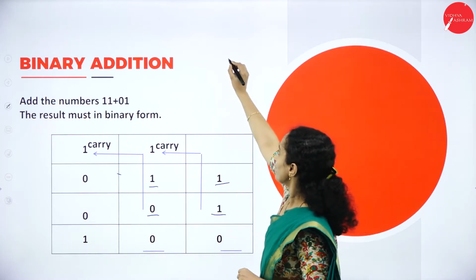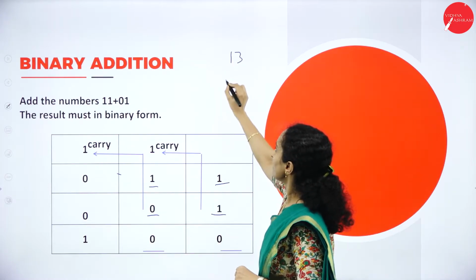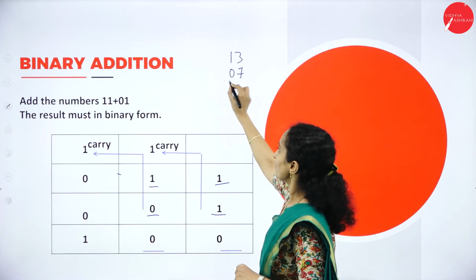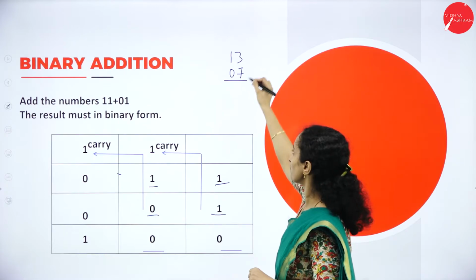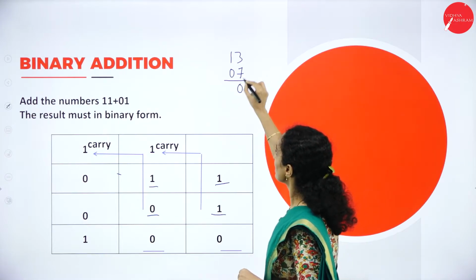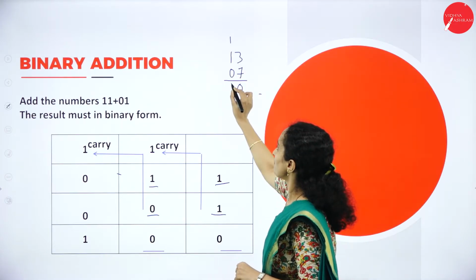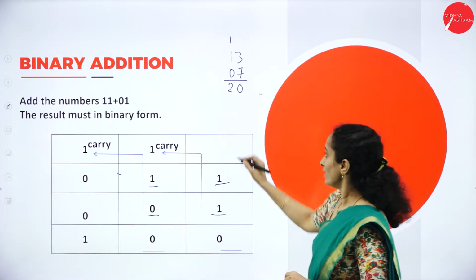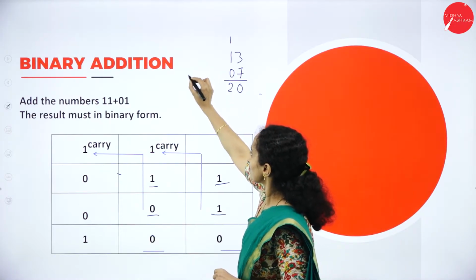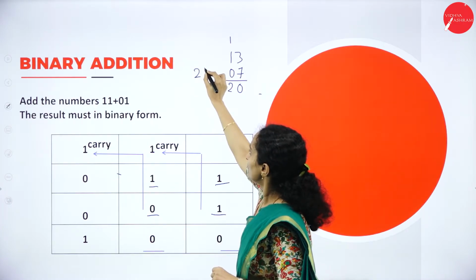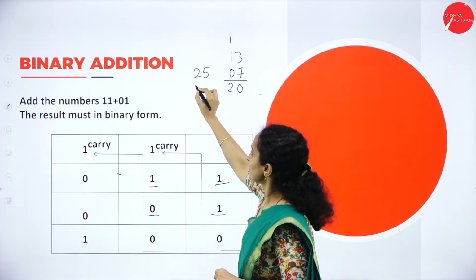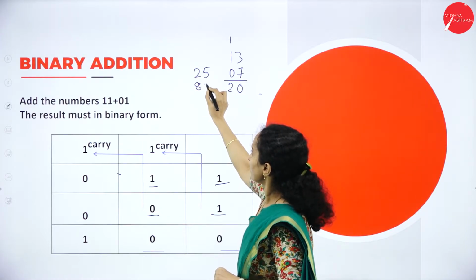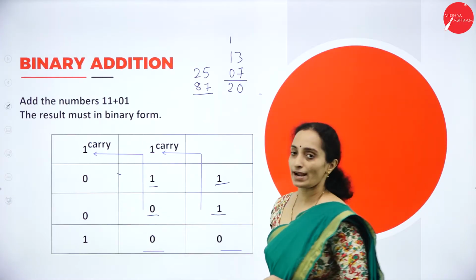See, if you take 13 plus 7, what will you do? 7 plus 3 is 10. 1 will be carry. 1 plus 1, it is 2. Is it not? Or else, if you take 25 plus 87. How do you add this?